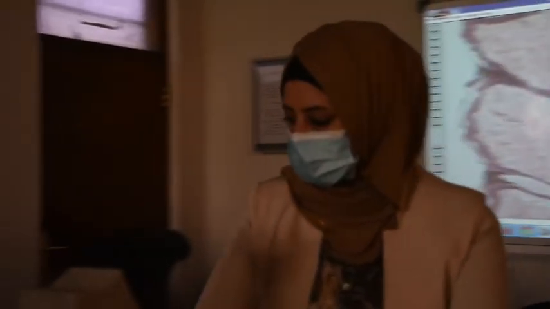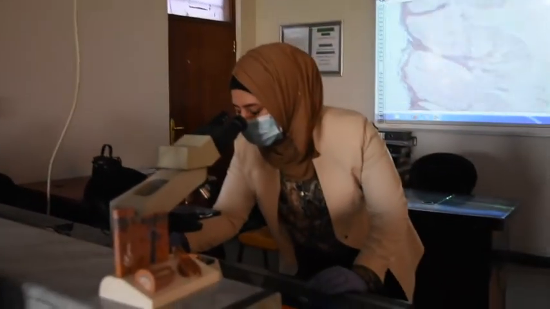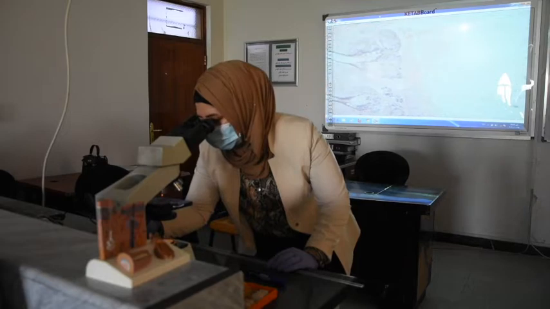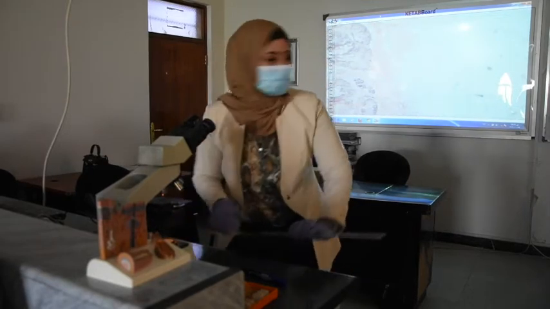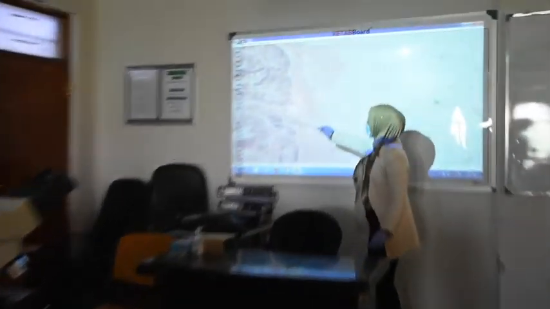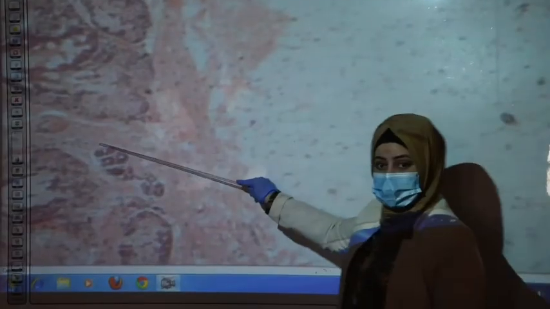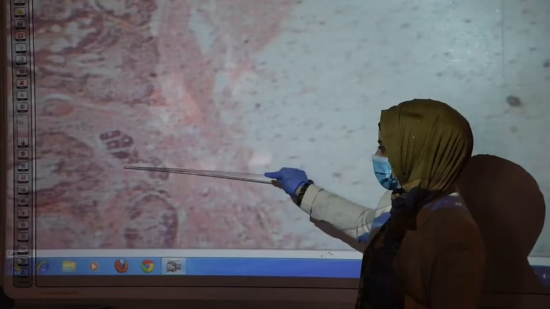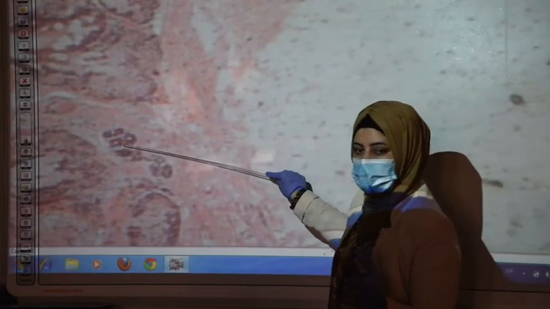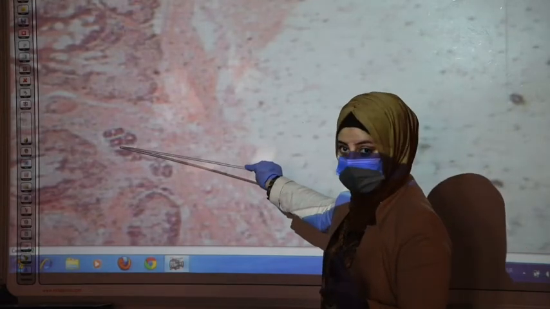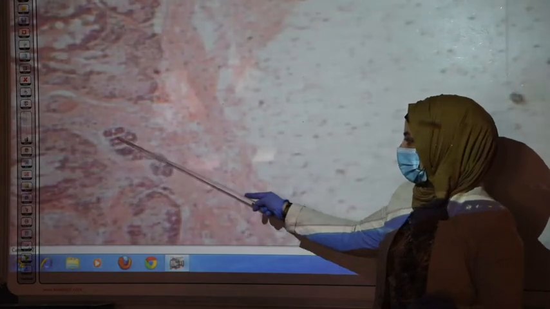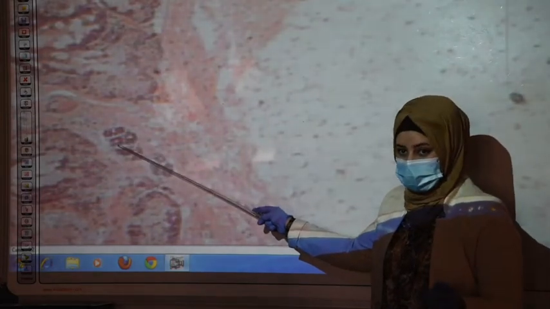Also, we can see at this slide nice sweat glands. These sweat glands are composed of two main parts, the ductal part and the secretory portion.